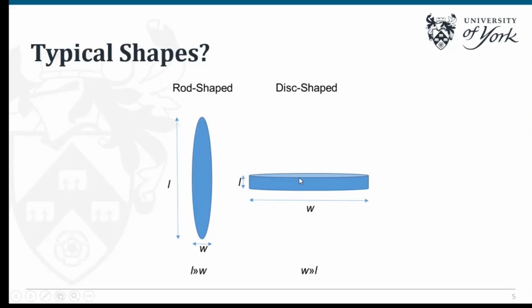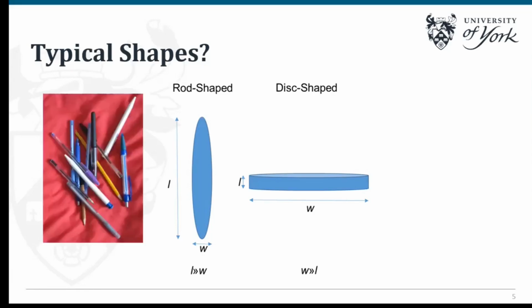The reason why this is important can actually be considered if you think about what happens when you take typical everyday household objects in these shapes and just drop them from a height onto a surface. If you were to take a handful of pens and pencils and drop them, you will notice that while they don't align exactly, they all more or less fall aligning in the same direction.